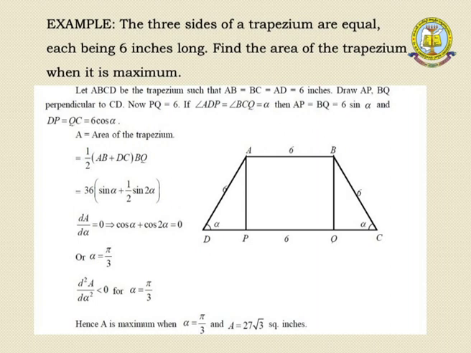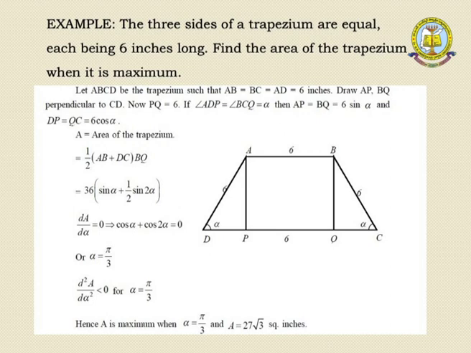Similarly, you take the area, find dA by dx, equate dA by dx to 0 and find the value of alpha, then find d square A by dx square, which is less than 0 for alpha equal to pi by 3. So, you have A is maximum at alpha equal to pi by 3 and its area we can find by substituting the values.